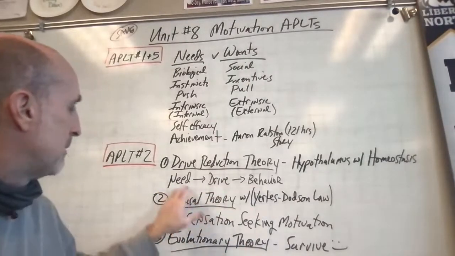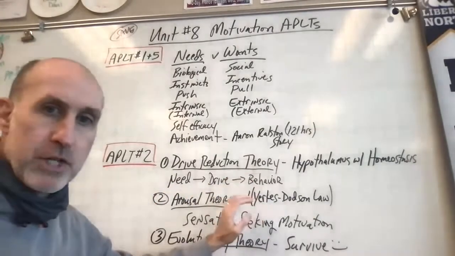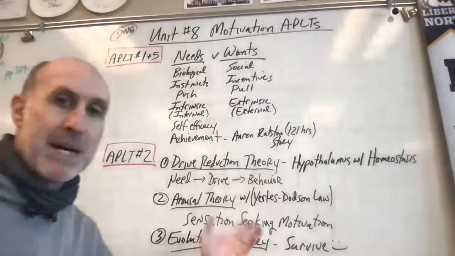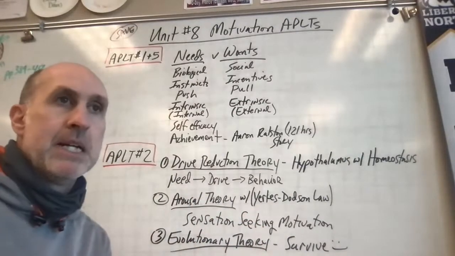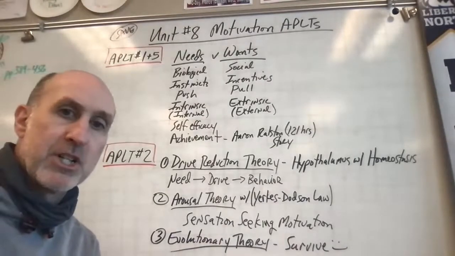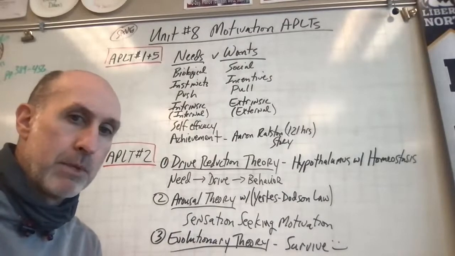Okay. If I am hungry, it drives me to get food. If my body needs energy, it's signaling that it's low on energy. If I need sleep, my body is signaling that I'm low on sleep. I need REM, I need non-REM sleep. The hypothalamus is going to drive my body or my behavior to restore that equilibrium or homeostasis, okay?